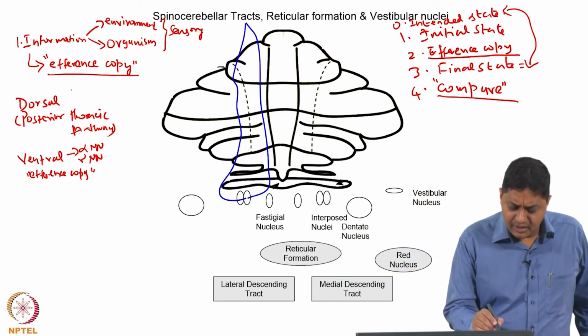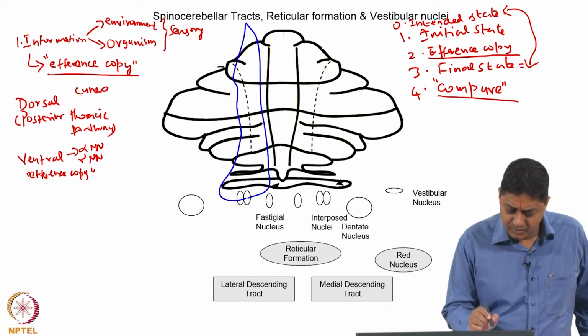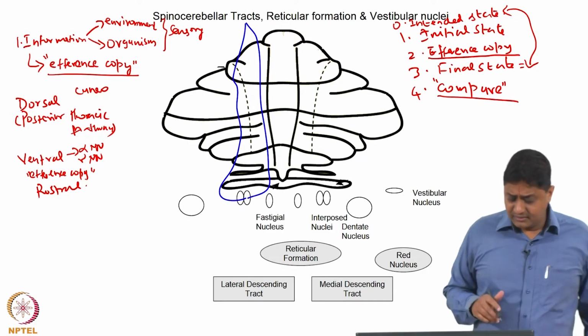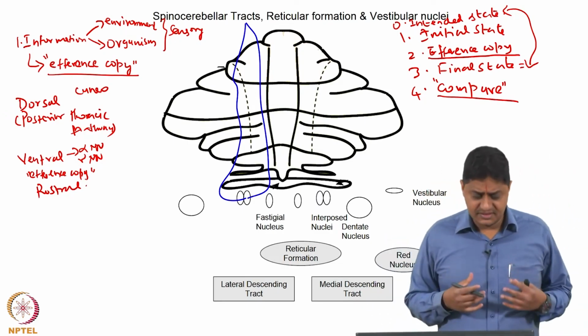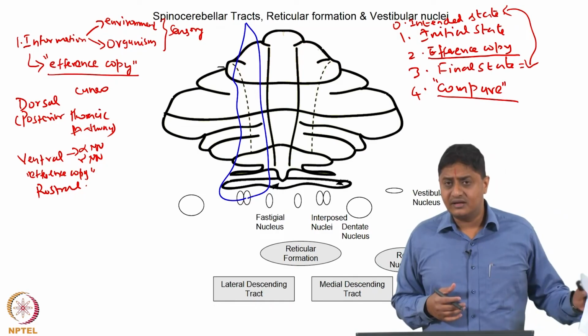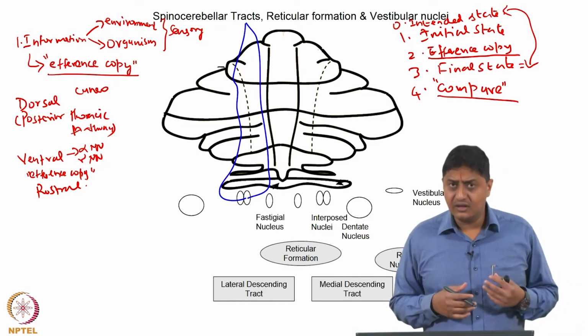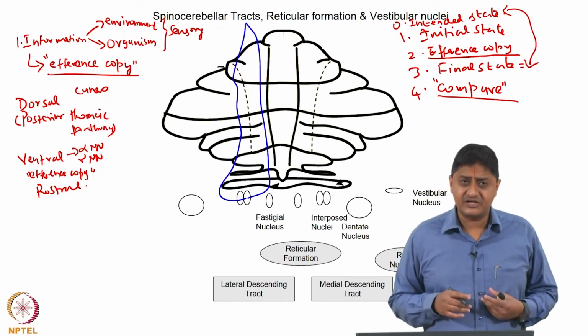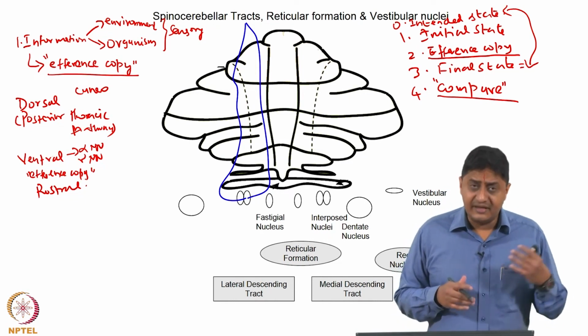And their analogues, basically the cuneo and the rostral spinocerebellar pathways, right. It is known now that these two perform different actions, by experiments on animals.